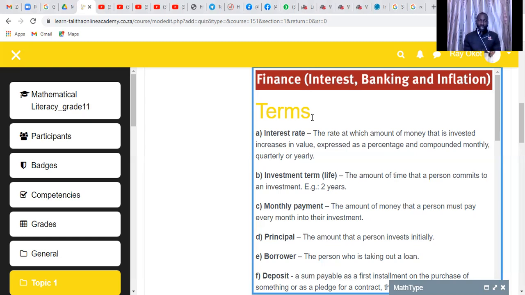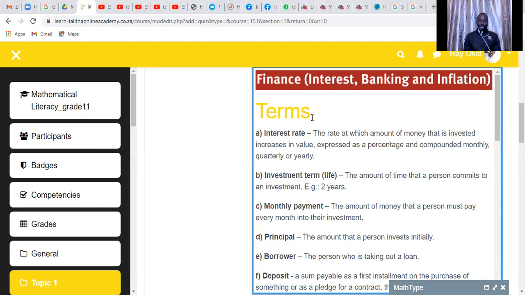The rate of interest most of the time is expressed as a percentage, and it can be compounded, that is added over a monthly period, a quarterly period, that is every 3 months, or a yearly period. That is the first term, the interest rate.